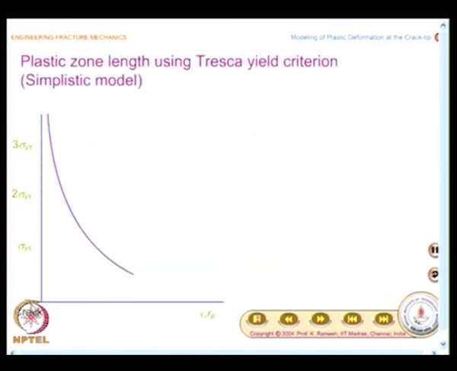Now, what is plotted is you have a crack and I have the values of stresses put here, sigma y, and if you go by your plane strain situation, when you use the yield criteria, what you find is the sigma y can take a very high value of 3 times sigma ys when you have Poisson ratio as 1 by 3.